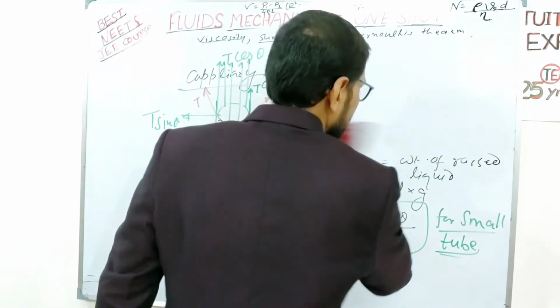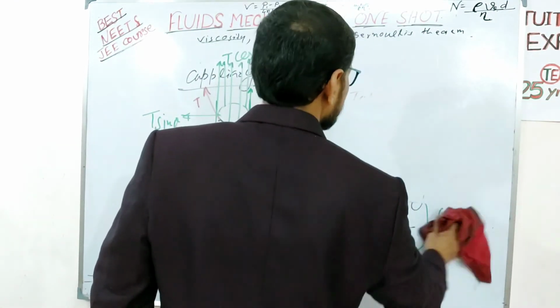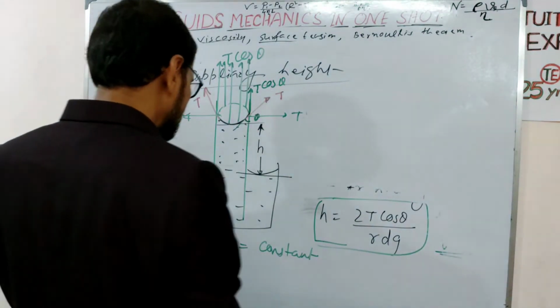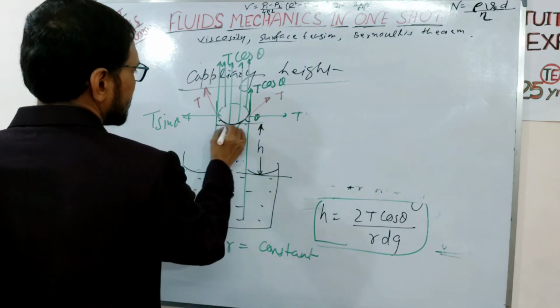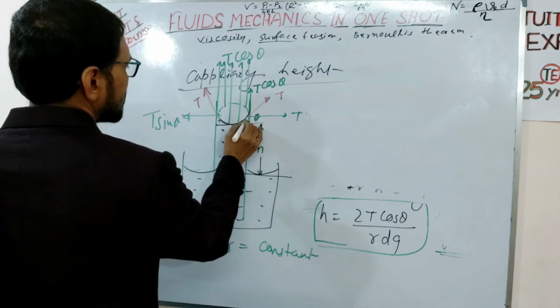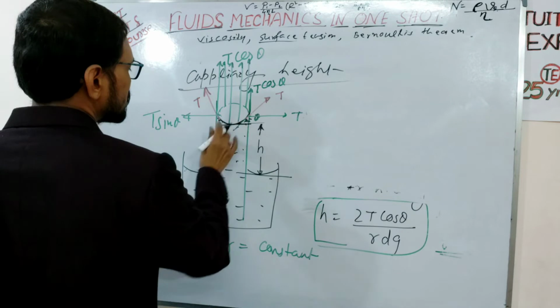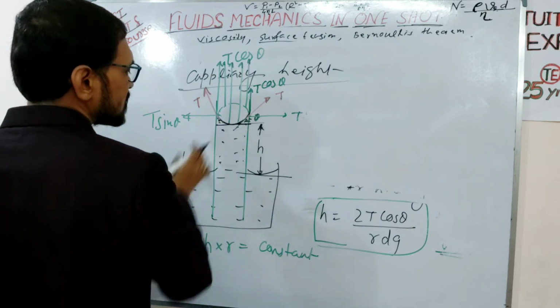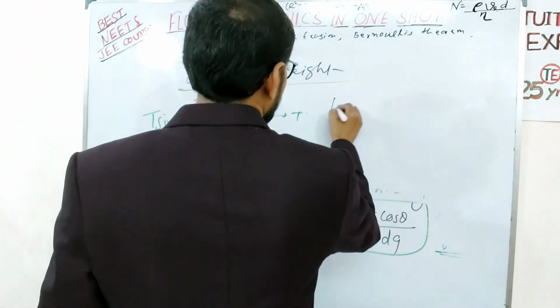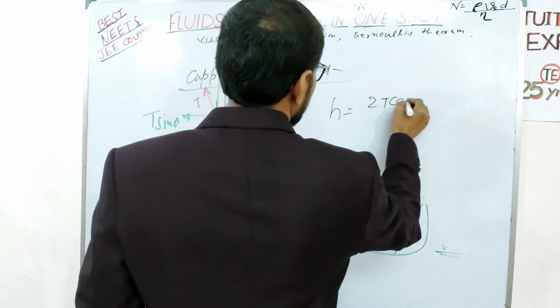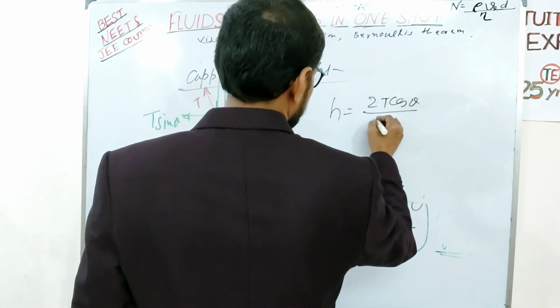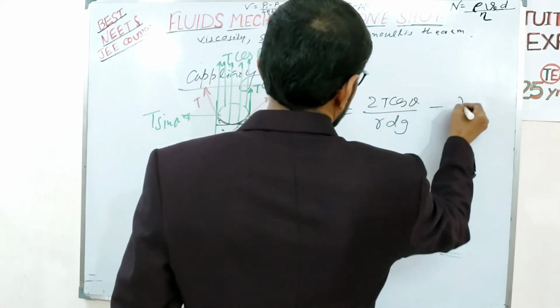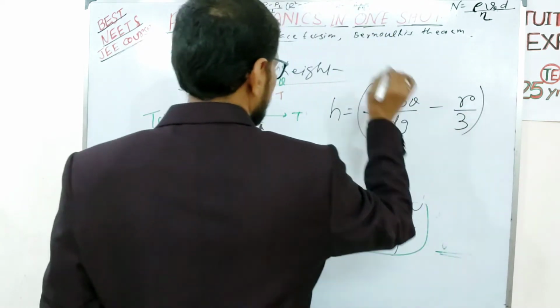Now if the tube is wide, we neglect the weight of this portion. But if the weight of this portion is considered, then the formula becomes this.